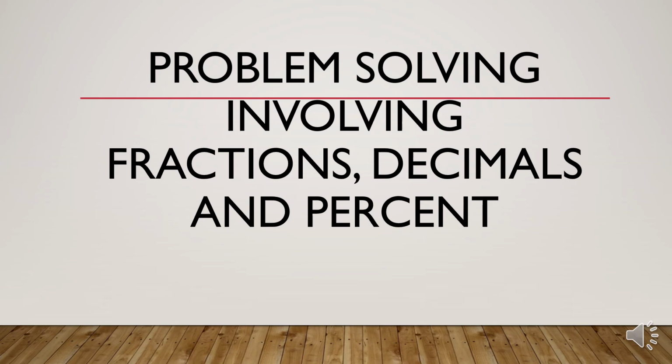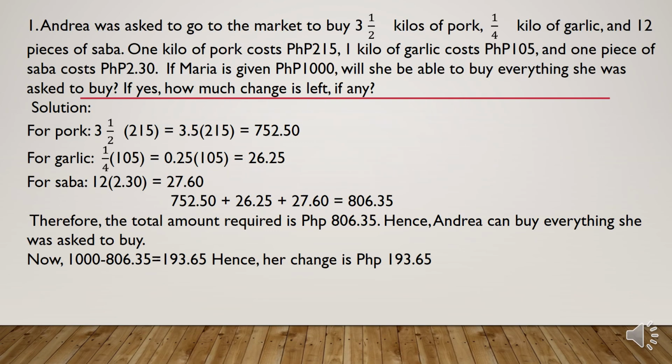We have also problem solving involving fractions, decimals, and percent. Andrea was asked to go to the market to buy 3.5 kilos of pork, 1/4 kilo of garlic, and 12 pieces of saba. 1 kilo of pork costs 215 pesos. 1 kilo of garlic costs 105 pesos and 1 piece of saba costs 2.30 pesos.